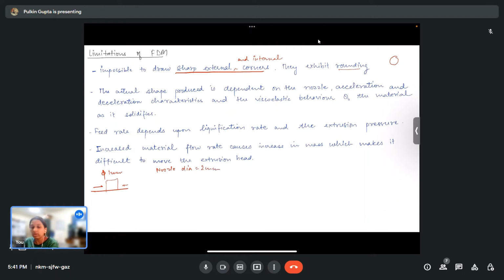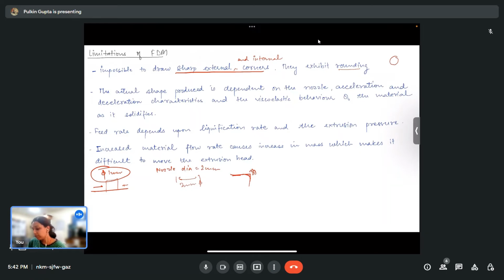Whenever it extrudes the smallest amount of material, it will always be 2 mm in diameter. So you cannot make this feature, or it will always be rounded. Similarly at the corners as well. This is a very small radius, and since the nozzle has a finite diameter, it will always take up the rounded form.